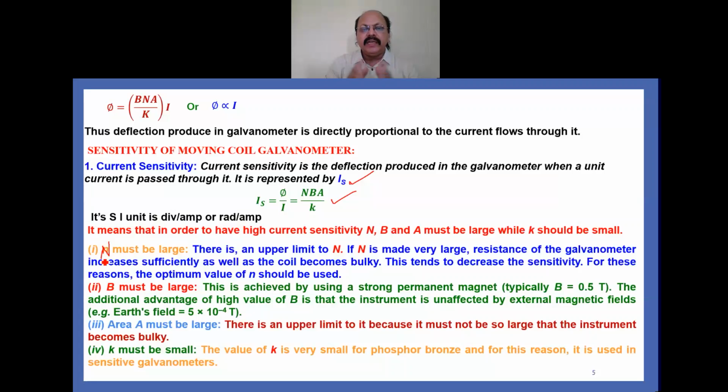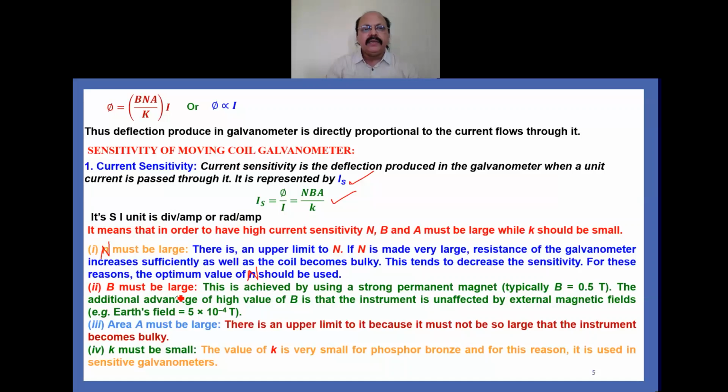So the resistance of the galvanometer also increases, and the coil also becomes bulky. So we cannot increase the number of turns beyond a certain limit. There is an upper limit for increasing the number of turns. So the optimum value of number of turns should be used.